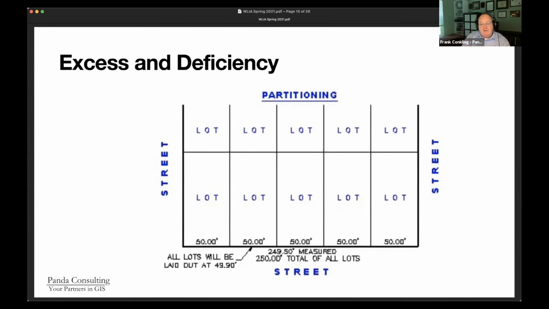So the deficiency actually gets distributed equally. The lot at the end doesn't get shorted a half a foot. Rather, they all get shorted a tenth of a foot. This is a standard sort of proportioning.